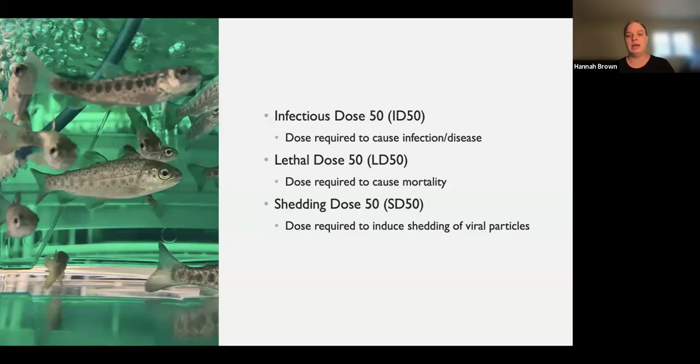And so we looked at a completely novel dose response, shedding dose 50, or the dose that was required to induce shedding of 50% of the fish. You can compare it to infectious dose 50: likely all of our fish had infection because they're shedding, but it could have taken a higher dose to get 50% of the fish shedding versus 50% of the fish infected.